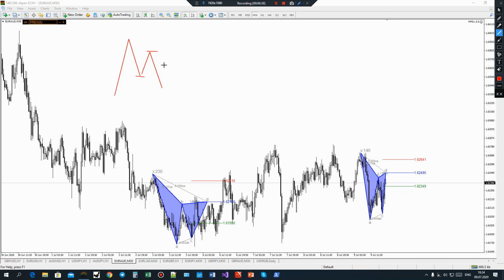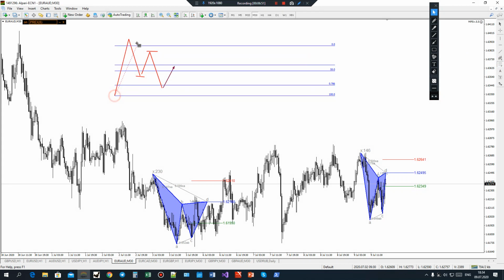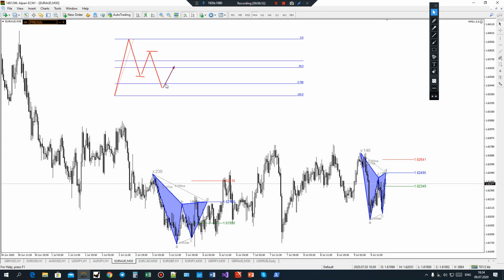These patterns should complete at the 786 retracement of the XA leg and reverse. If I stretch the Fibonacci from X to A, at 786 we will have a reversal.